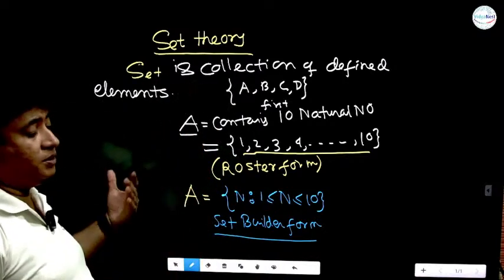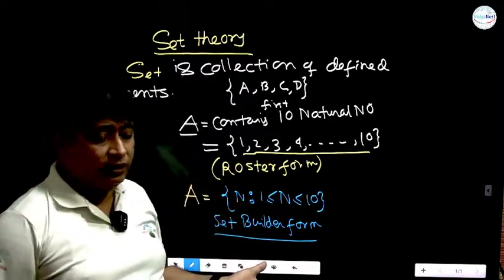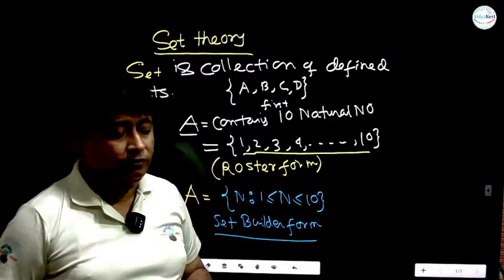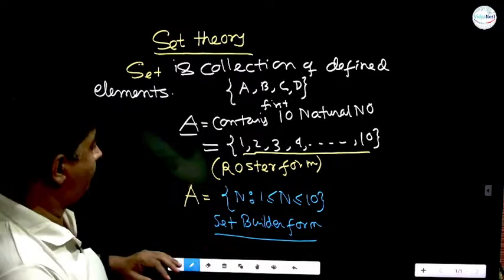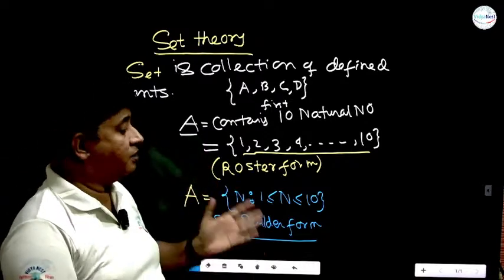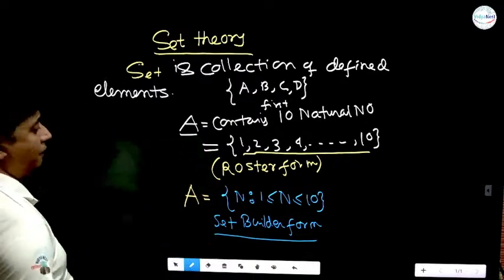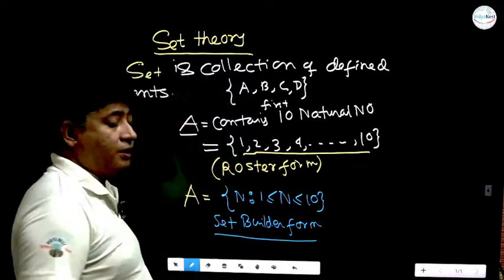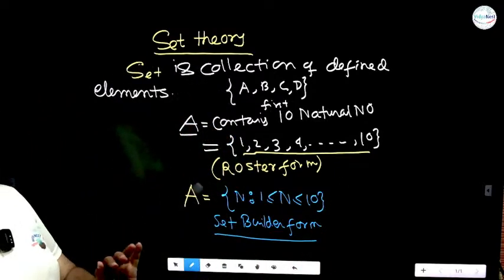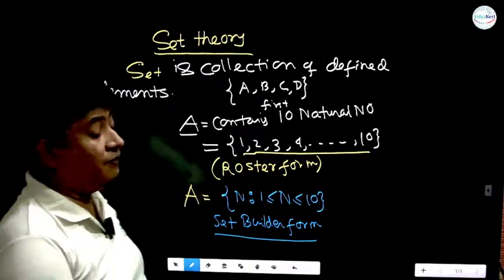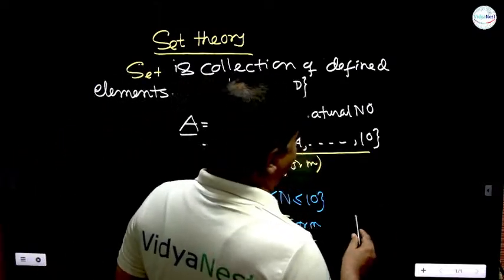Set builder form's privilege is what? If you follow set builder form, you can take a huge number of elements. Suppose in set builder form, you have 200 even natural numbers. So how to write?